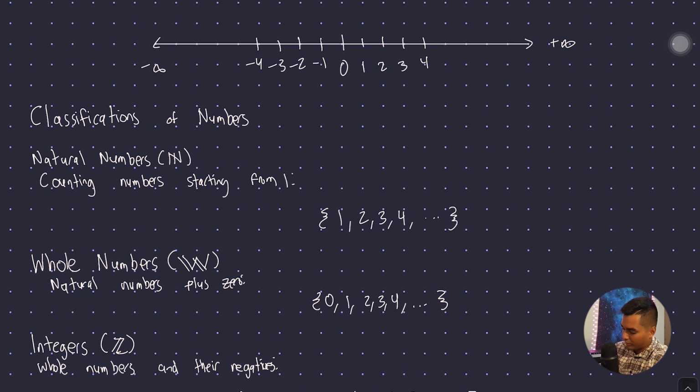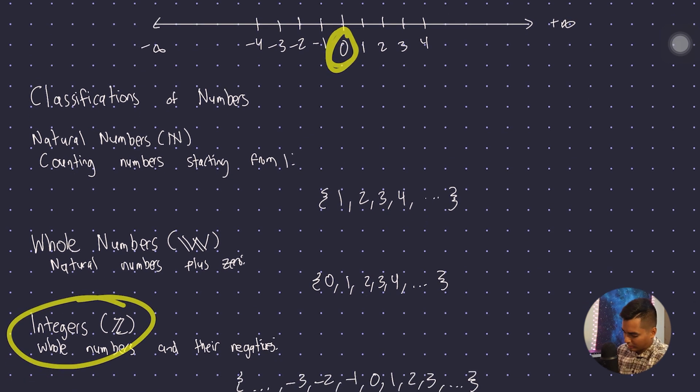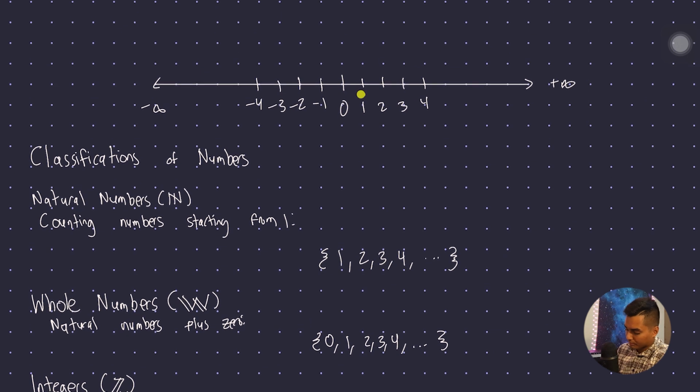Okay, so for instance, the number -3 is going to be that integer because it's a negative. The number 0 is a whole number, but notice that the number 0 is also an integer because it is indeed included in the set of integers.